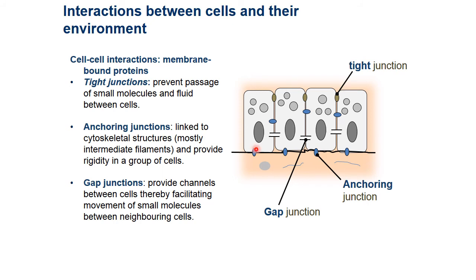These anchoring junctions are also important for interactions and attachment of cells to the basement membrane. A third type of junctions that are important are gap junctions, and these allow passage of small molecules between cells.